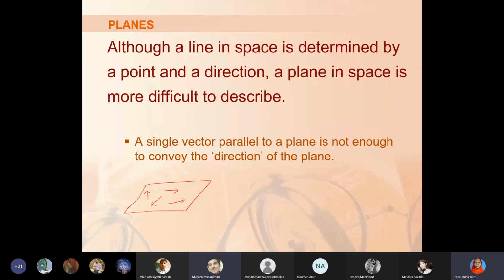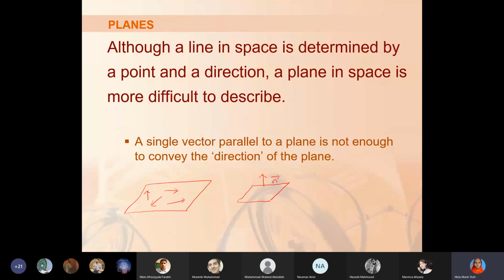Normal vector. If we take a vector, let's call it vector n, and we say that we have to find the equation of the plane which is perpendicular to this vector, then we will uniquely determine a plane, and we will appropriately mention the direction of the plane.